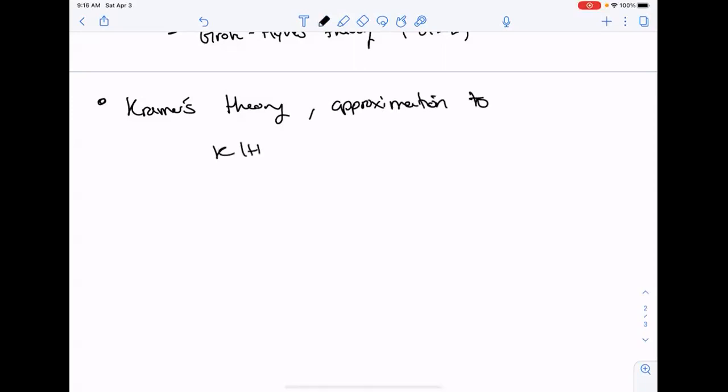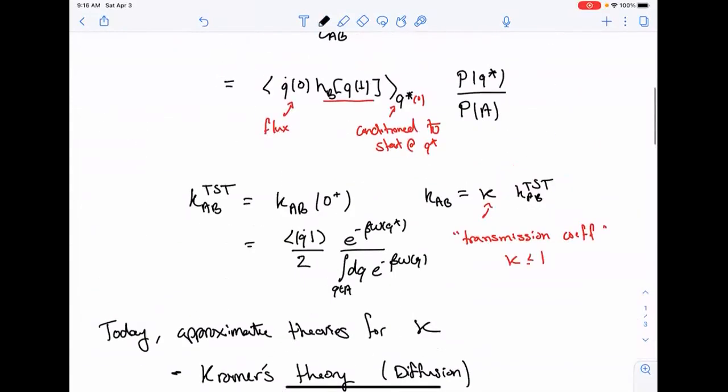Okay, so let's start with Kramers theory. So again, this will be a theory for predicting kappa, which in general has a time dependence. So what we want is its steady state value.